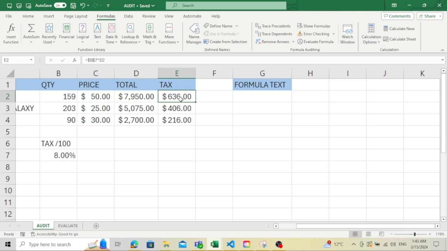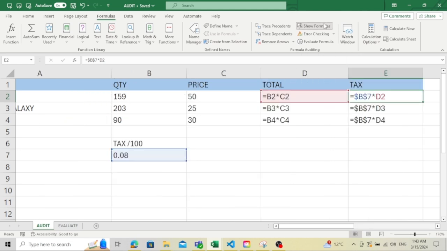We have tax. How did we get tax? We had 8% tax here, and then what we did was go back on show formulas. Tax should be B7 times D2.